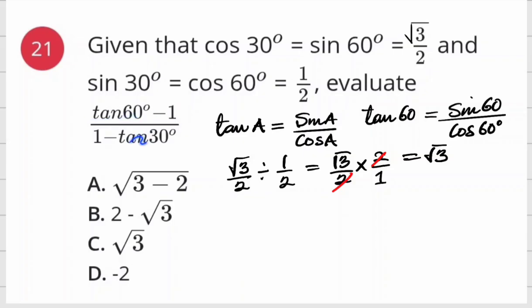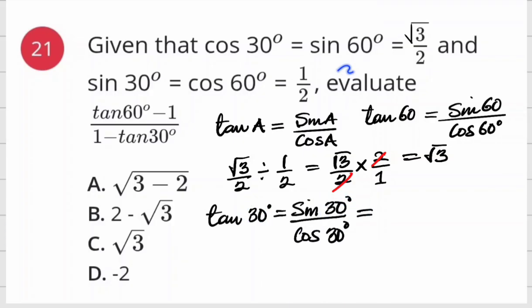So also let's check for tan 30. We use the same identity, which says tan is equal to sin over cos. But here it is tan 30, so it's going to be sin 30 over cos 30, using the angle given.